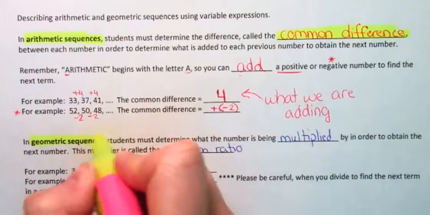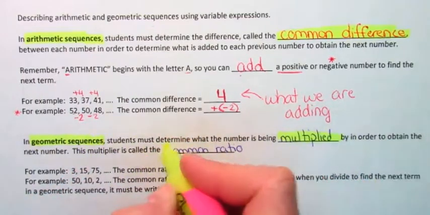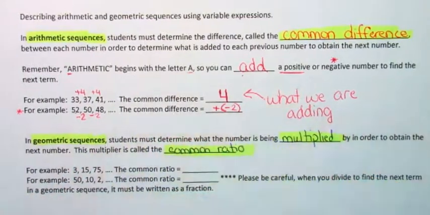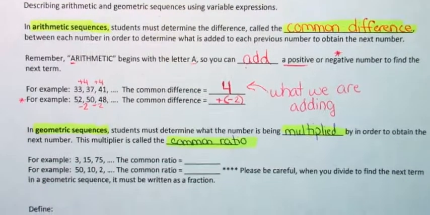We have to figure out what's being multiplied, and we call that the common ratio. So what are we multiplying? I know sometimes this can be difficult, so we're going to look at a way to figure out what we are multiplying by.